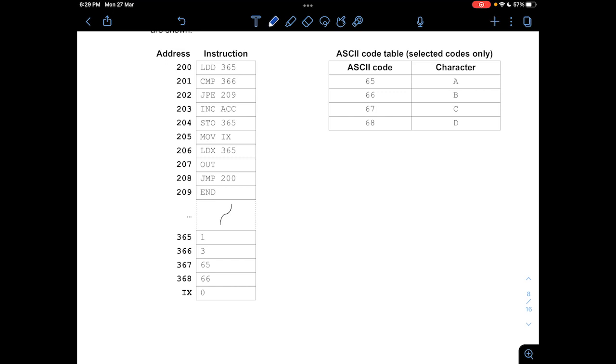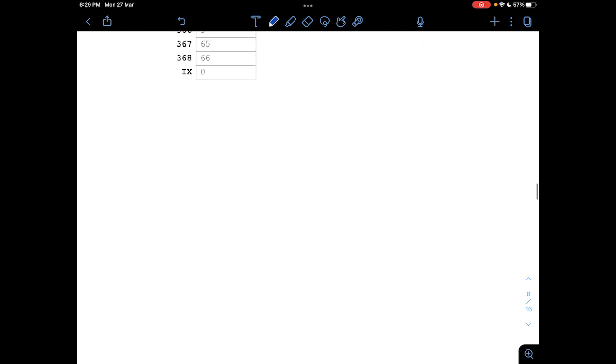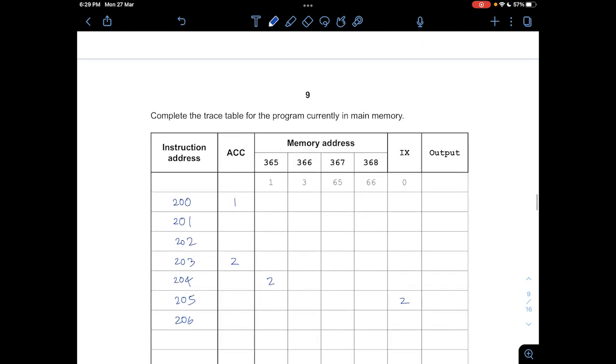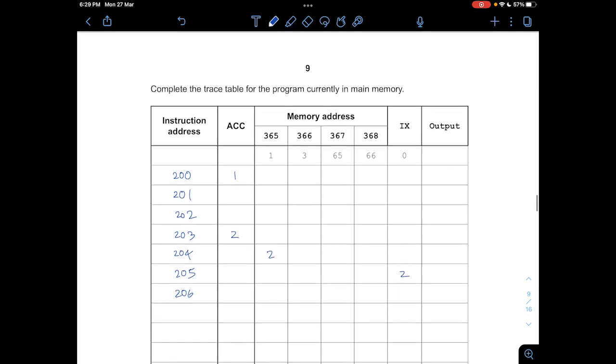This is index addressing of 365. So you take 365, and then you add the IX, which is 2. So 365 plus 2 is 367, so 367 is 65. So here in the accumulator that would be 65.